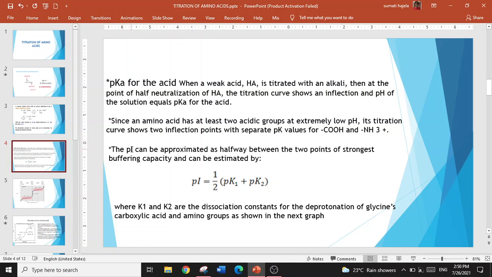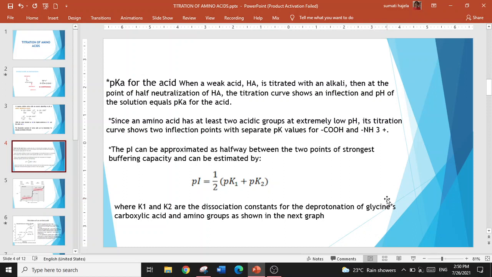To find the pI, the isoelectric point can be approximated as halfway between the two points of the strongest buffering capacity, and can be estimated by this formula: pI is equal to half of pK1 plus pK2, where K1 and K2 are dissociation constants for the deprotonation of glycine.